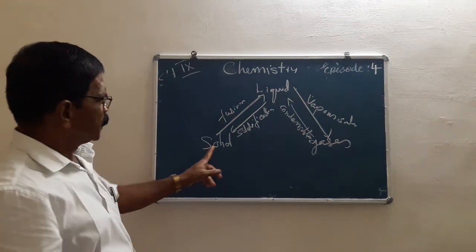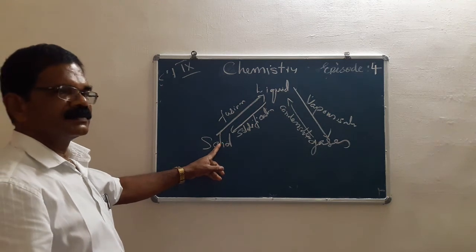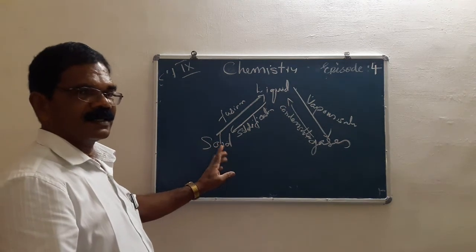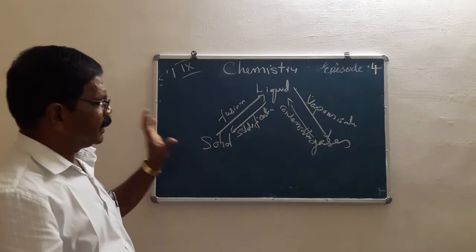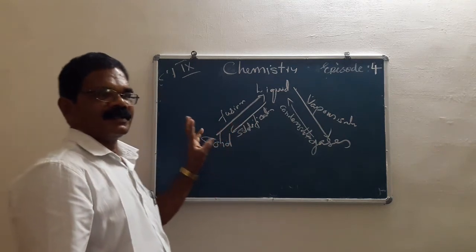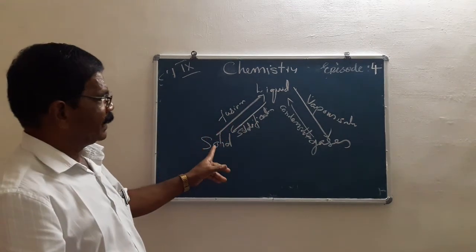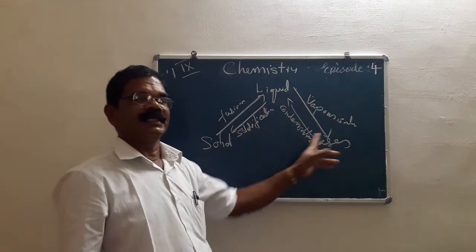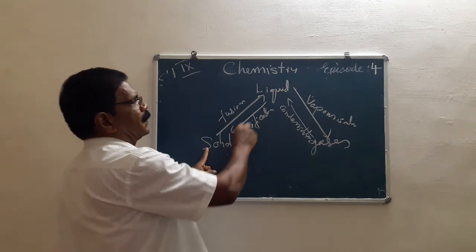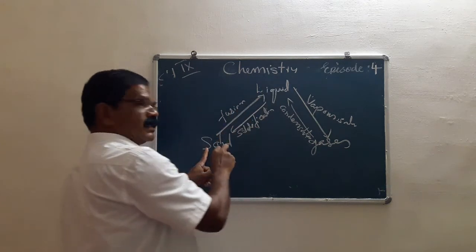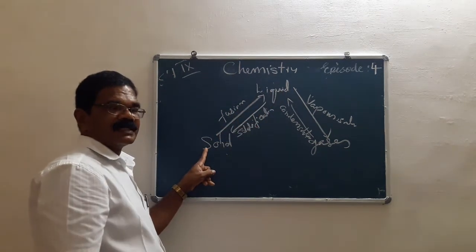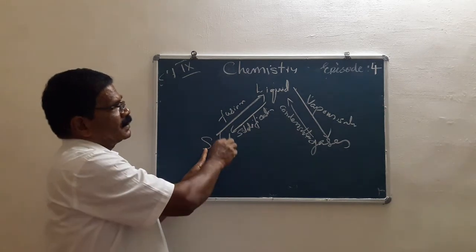Whenever you go through these states of matter, remember solid, liquid and gases; in your mind comes first solid ice, water and steam. On heating ice, it changes state to form liquid.